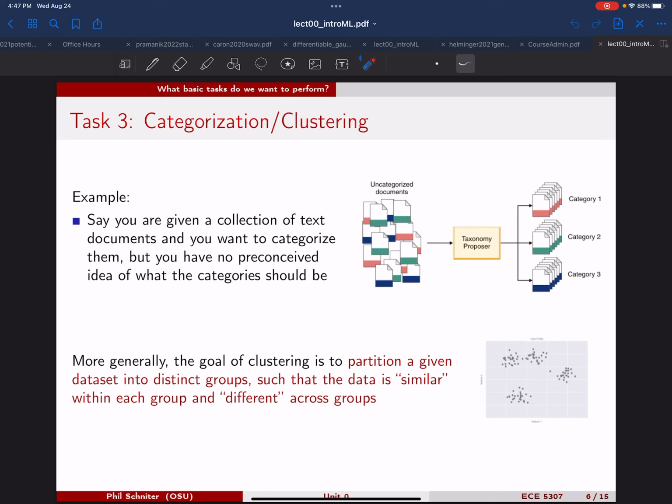But you don't know what the category should be in advance. All you know is that you're looking to group examples of your data into little sets that are similar within the set and different across the sets. So that's really what you're doing at the end. And you hope that by doing that, you get categories that have a meaningful order to them.